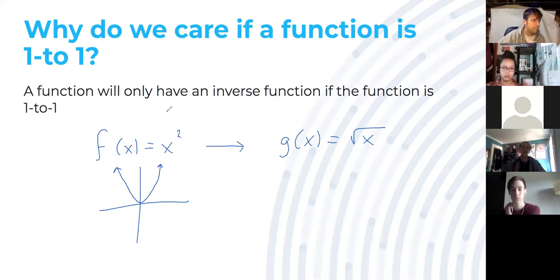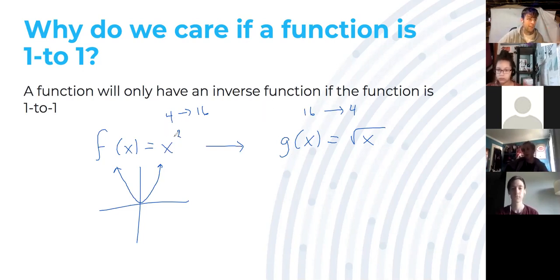Like if I plug in a 4 here, it's going to give me 16, right? It would go to 16. And then if I plug in 16 here, square root of 16 is 4, right? Works perfectly. It undoes it. So why aren't these inverses? They're not inverses because they don't work for all numbers. This worked in this case, and it's going to work for a lot of examples.